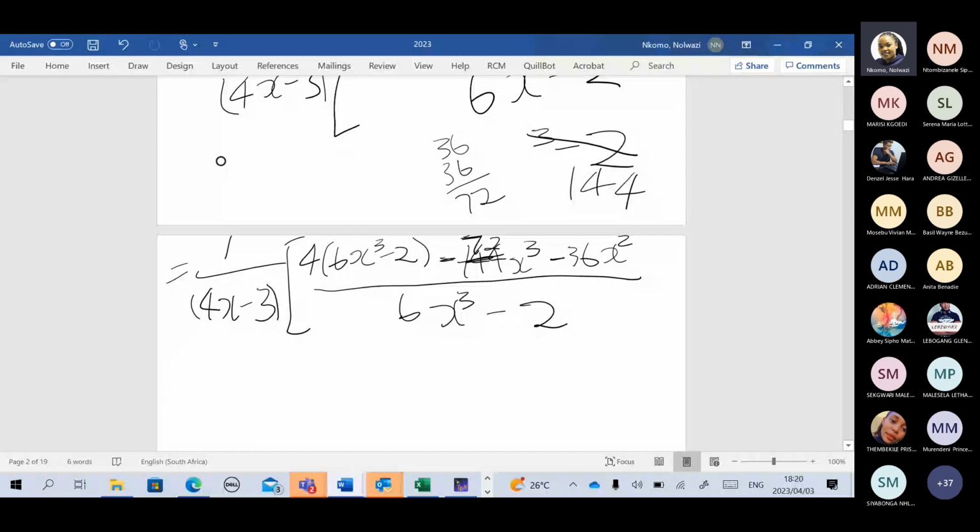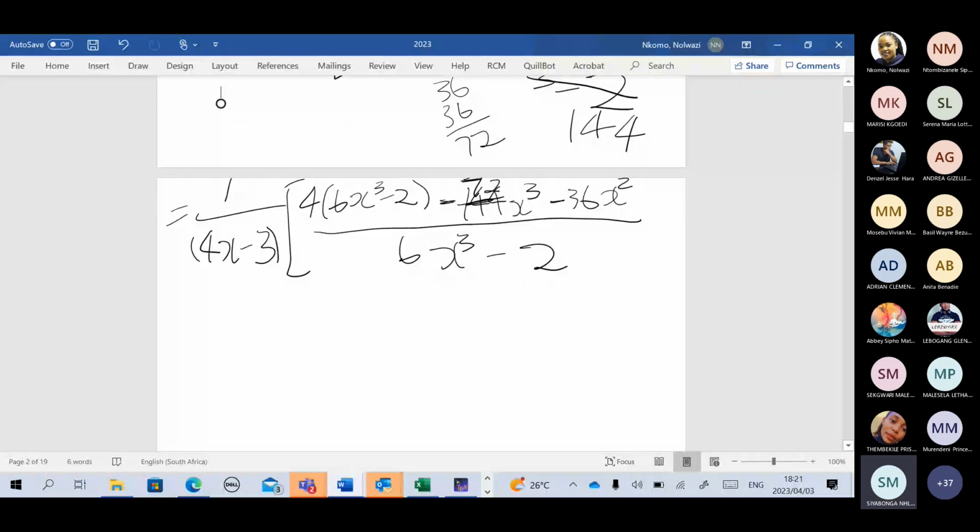Okay, what if we take out a common factor between the two? What if we take out 6x cubed? No, 6x squared.